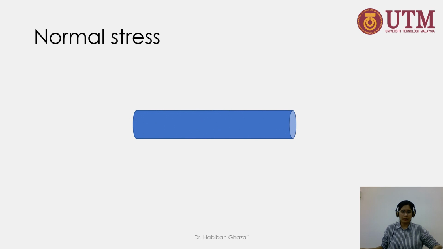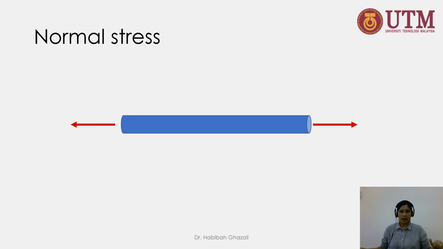load. So take the example of this beam here, and if I load it to elongate it. What's going to happen is that when I apply the uniaxial load at the longitudinal axis of this beam, it is going to elongate.